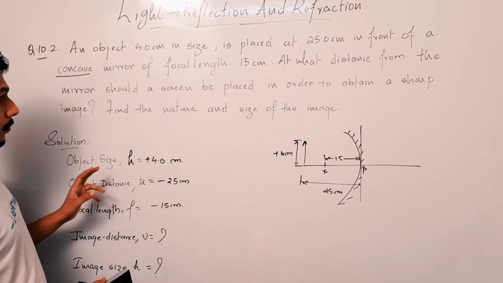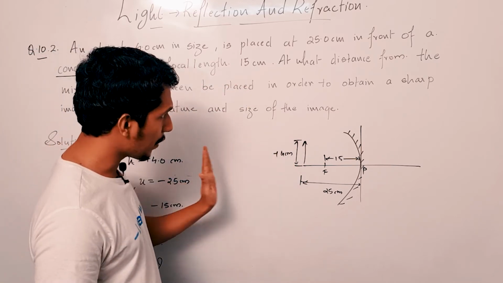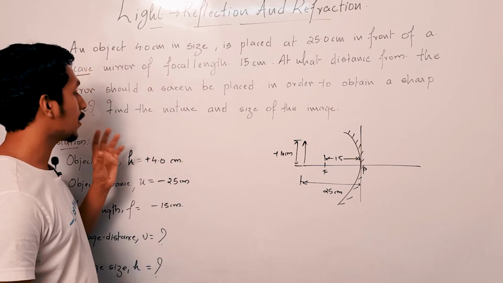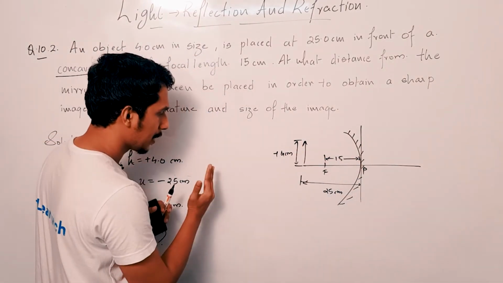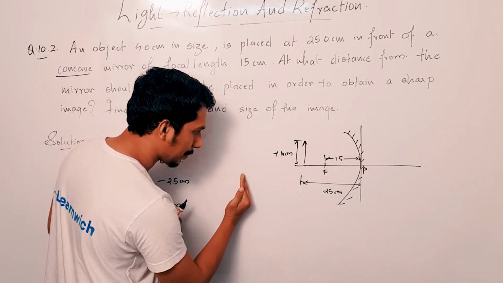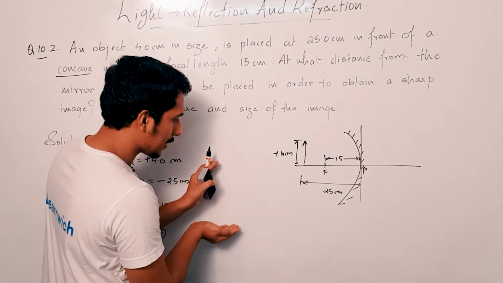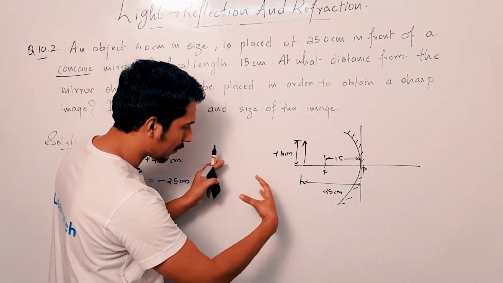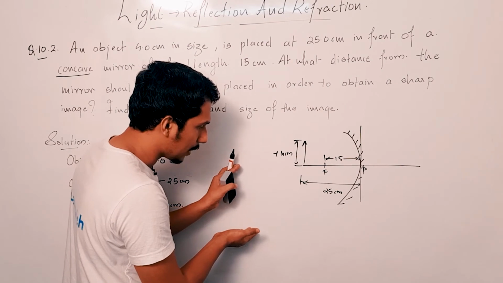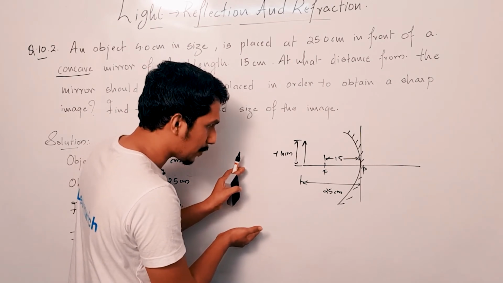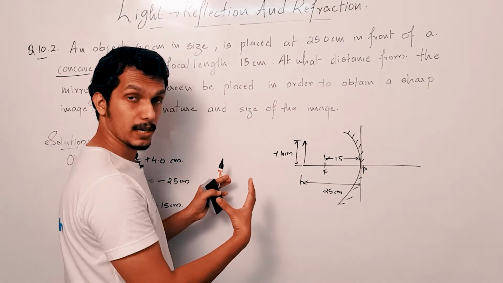You have to find out at what distance from the mirror a screen should be placed in order to obtain a sharp image. Whenever you are getting an image out of a mirror, you have to adjust the screen so that it becomes perfect. I think you have done the experiment at school also. At first the image appears blurry, and then you adjust the screen a little bit until the image formed on the screen is perfectly sharp.